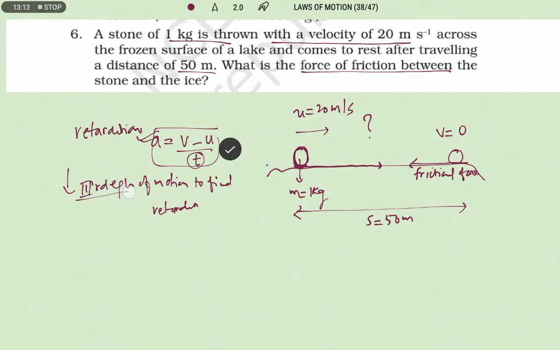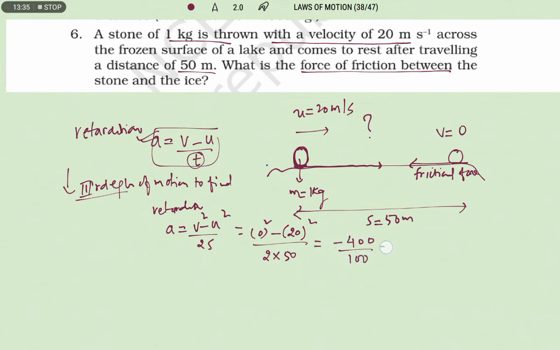So a equals v square minus u square by 2s is the formula. So v square is 0 square minus 20 square by 2 into 50, that is minus 400 by 100. So minus 4 meter per second square is the negative acceleration produced in the body due to frictional force.